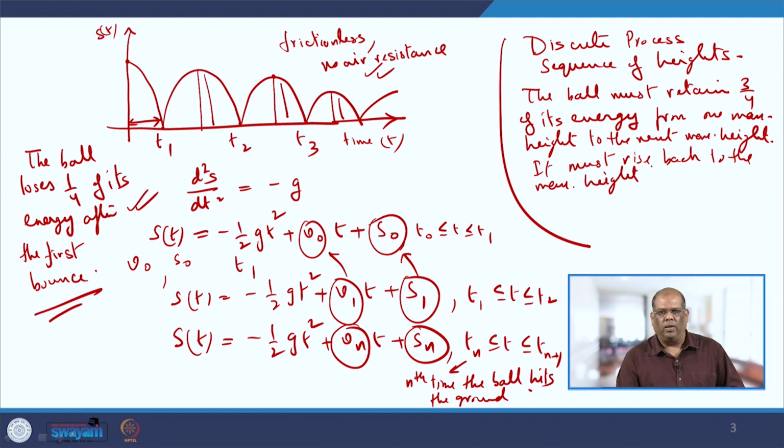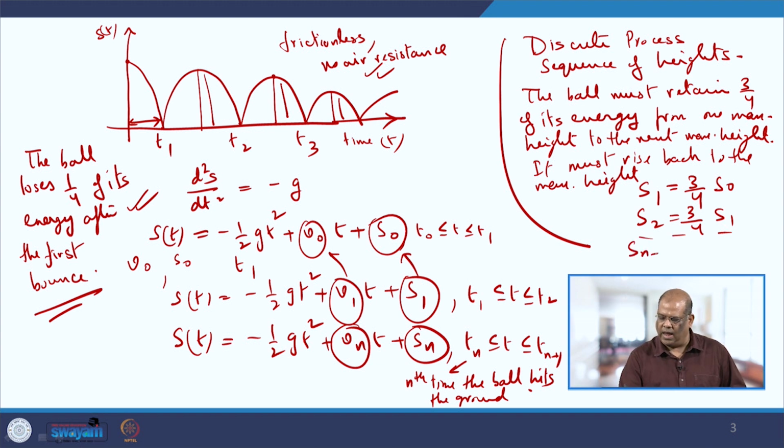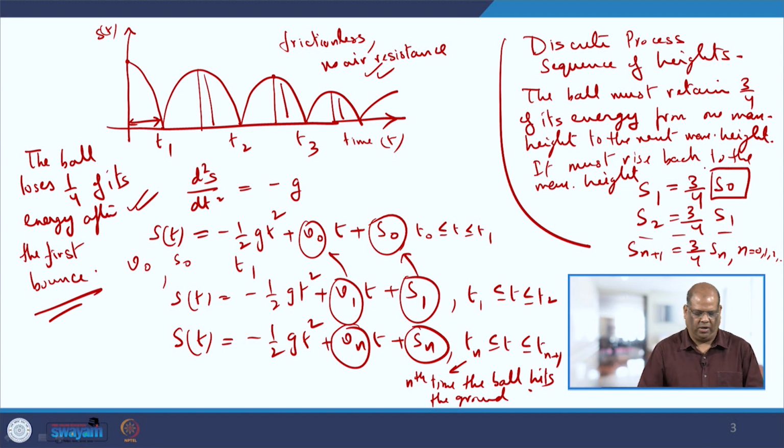And what is going to be that height after the first bounce? It is S1, which is 3/4 of S0. This is after the first bounce. After the second bounce, it is S2, which is 3/4 of S1, and so on. So, S(n+1) is going to be 3/4 of Sn, where n starts from 0, 1, 2 and so on, and S0 is your initial height.